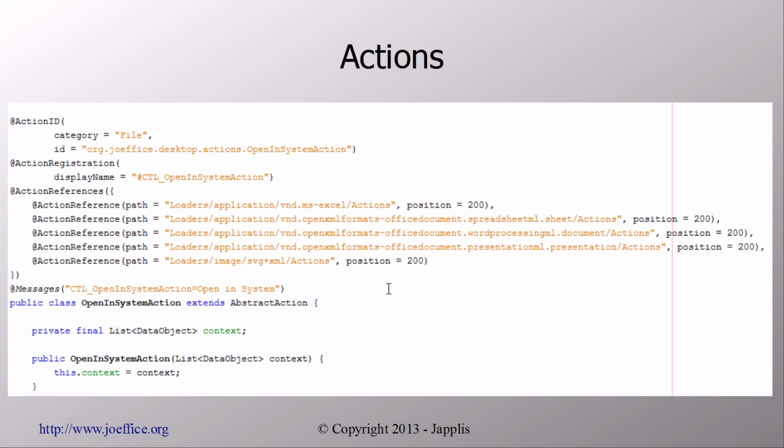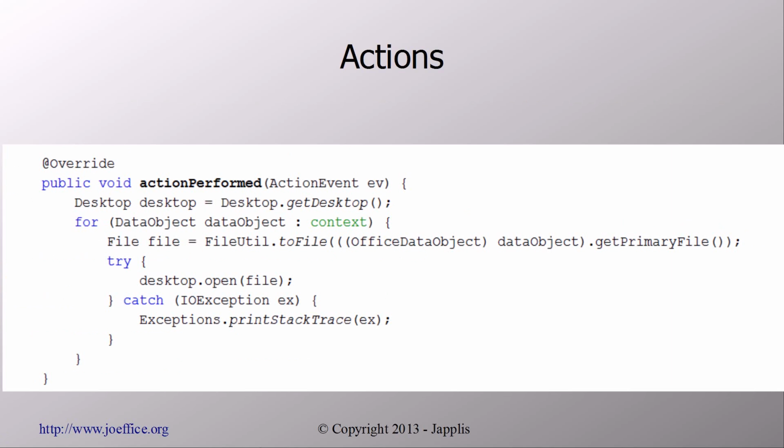Well, not all of them, but you can add here the MIME type you want to be supported for this action. And you see that the constructor of this action gets a list of data objects, which is our context. These data objects have a primary file, and the primary file is the file that you're right-clicking on.